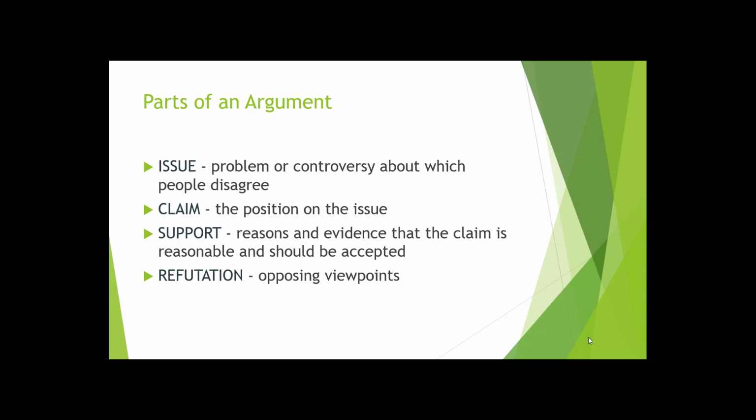The warrant links the claim and support, and the reason you don't see it on this slide is because the warrant is usually assumed, right? If you choose good quality support, logical reasons, and strong evidence, then it should be clear how that support backs up your claim. You shouldn't have to draw the connection or connect the dots for your readers.